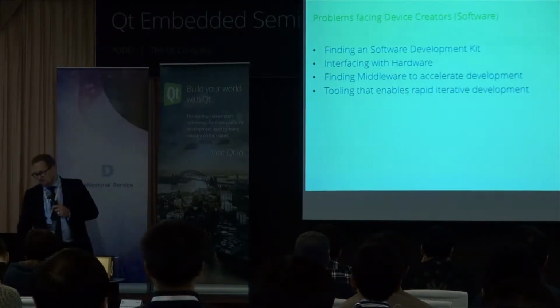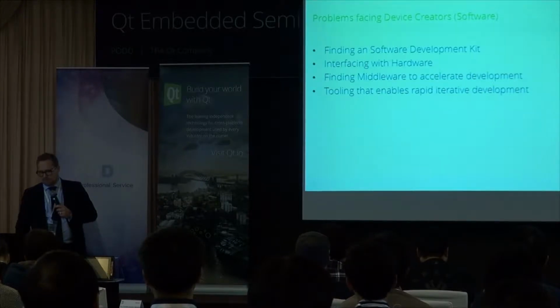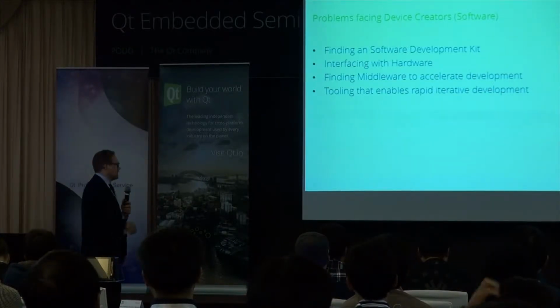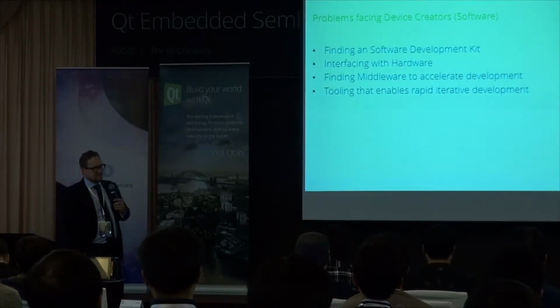Your SDK is extremely important when you're going to do software development. The SDK is a combination of your operating system, your build system, system libraries, middleware libraries, Qt, etc. And that's not always easy.